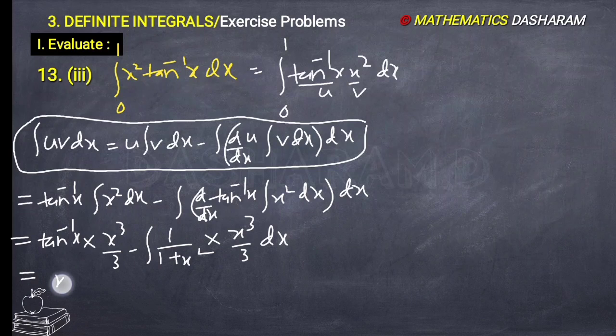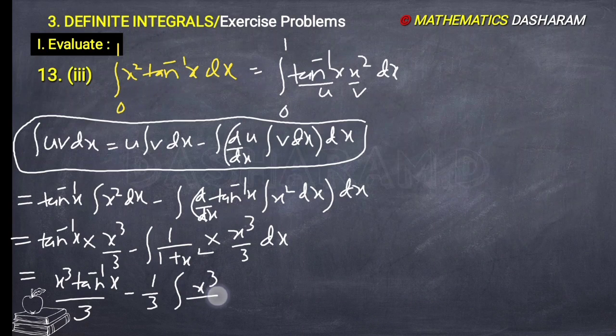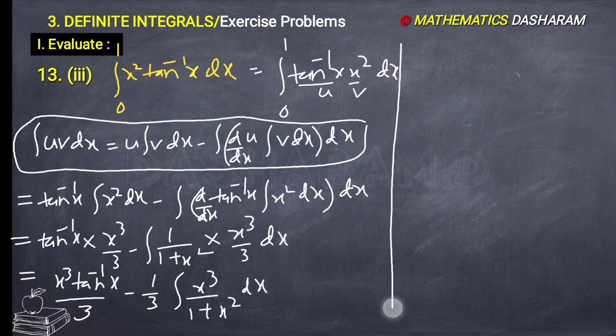So it is equals to x cube into tan inverse x divided by 3 minus 1 by 3 integration x cube divided by 1 plus x square dx. So it is equals to x cube into tan inverse x divided by 3 minus 1 by 3.